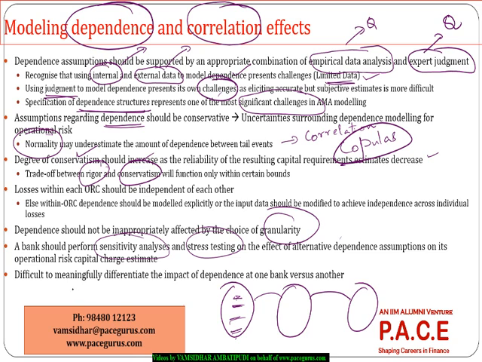And it is very difficult to meaningfully differentiate the impact of dependence at one bank versus the other, because each bank has its own risk profile, and each bank has its own business operations which are unique to that particular bank.